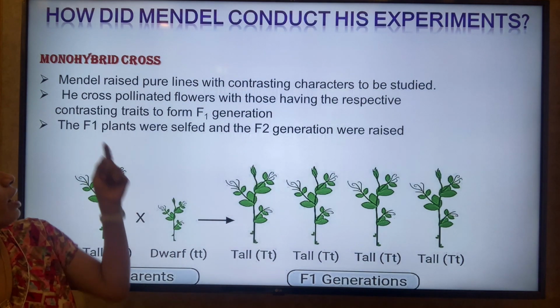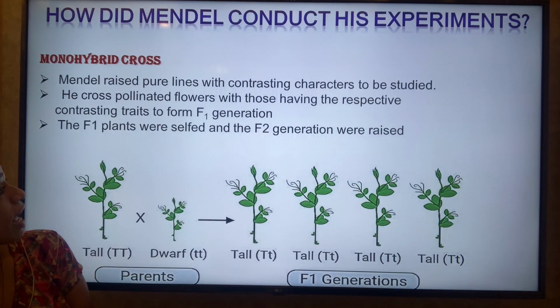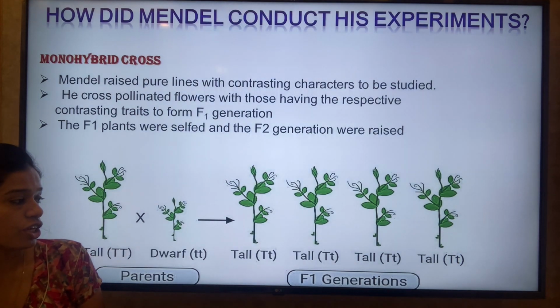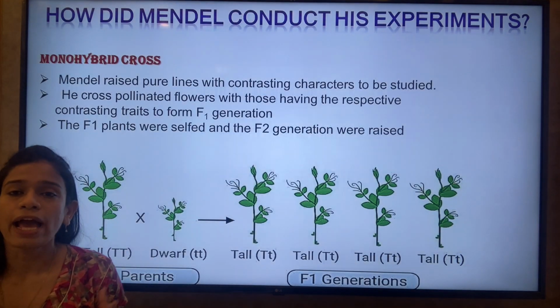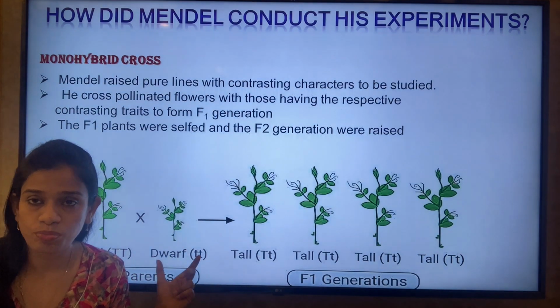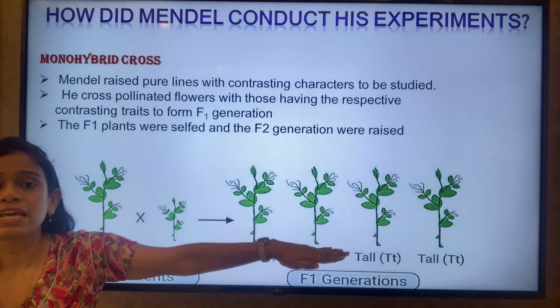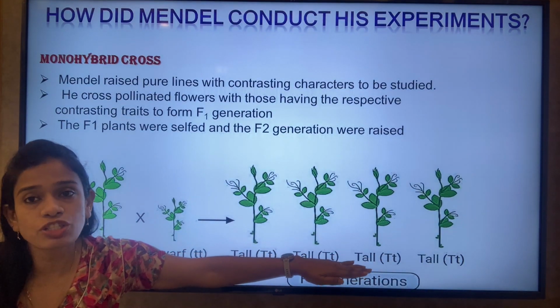Now these two plants, he cross-pollinated with those having the respective contrasting trait to form the F1 generation. What he did, he actually crossed these two plants. So when he crossed these two plants, whatever he got, the F1s, because this is the first filial generation.